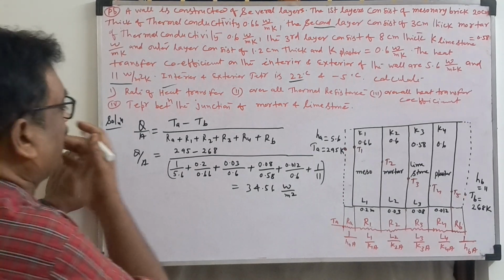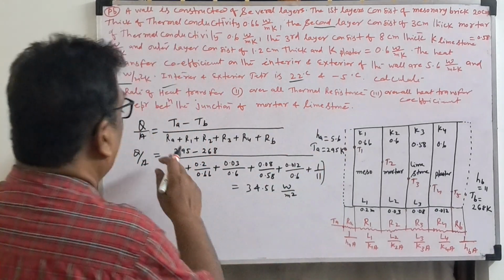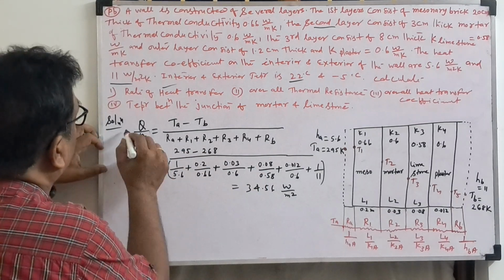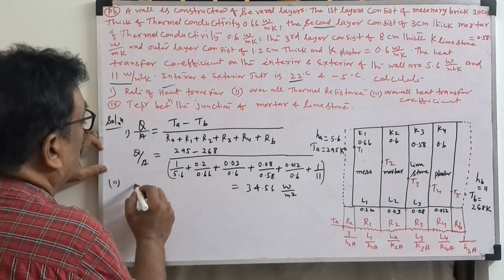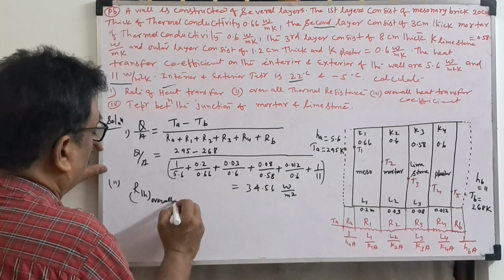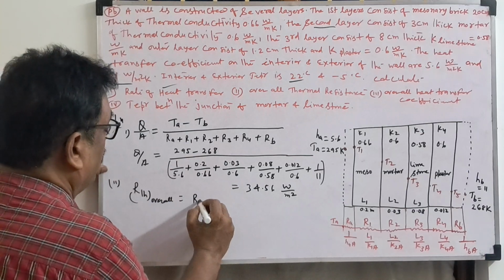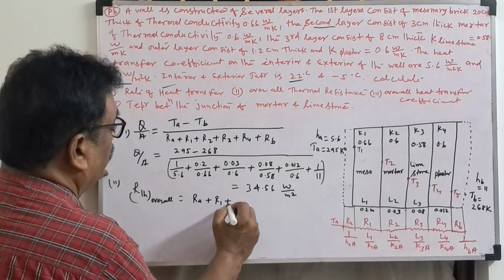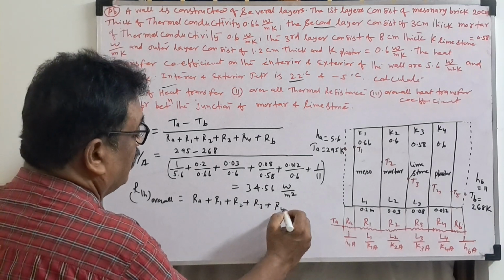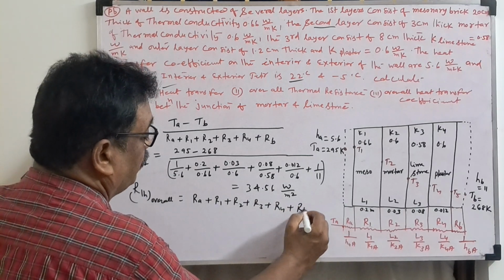Now thermal resistance, overall thermal resistance. What is overall thermal resistance? You see here, this is first one, second one. Overall thermal resistance is nothing but RA plus R1 plus R2 plus R3 plus R4 plus RB.